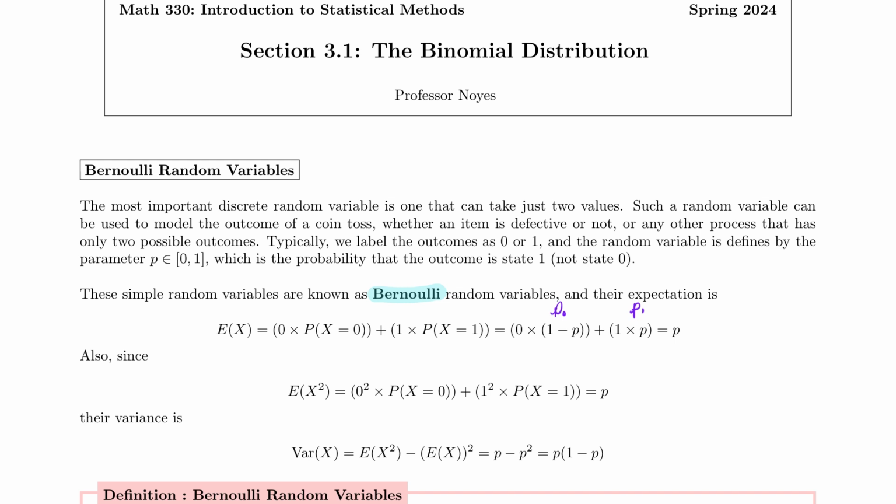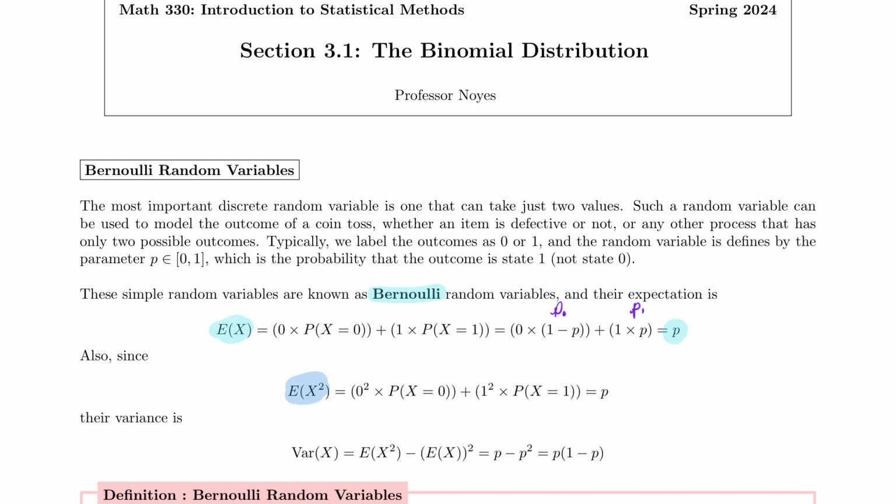There we go. So our expectation of a simple Bernoulli random variable is just p. And because we can also find our expectation of x squared in the same way, our expectation of x squared is now 0 squared times our probability that x is 0 plus 1 squared times our probability that x is 1.